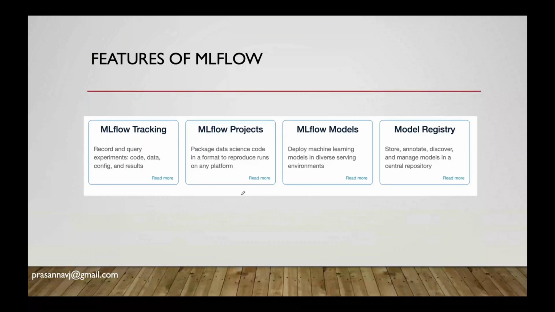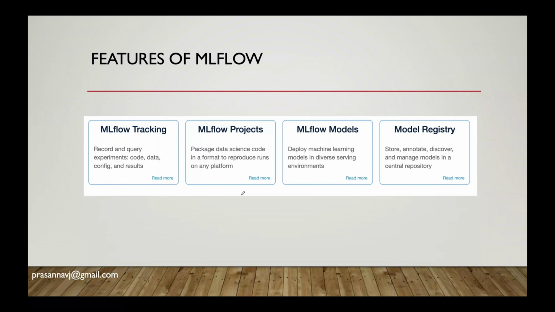At a high level, MLflow Tracking, MLflow Projects, MLflow Models, and MLflow Registry are the four important pieces of MLflow. The tracking part plays a very important role from a developer point of view, where it helps you do end-to-end tracking of whatever you do as part of your machine learning lifecycle.